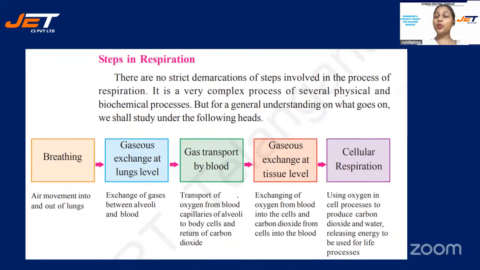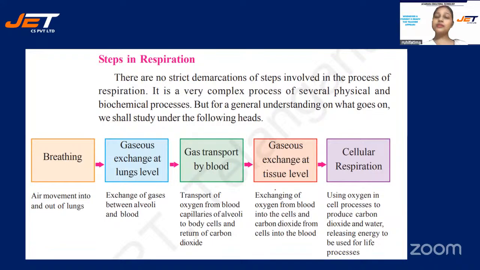Okay, students? After the gases exchange, what happens? Gas transport by blood. Okay, transport of oxygen from blood capillaries of alveoli to body cells, and then return of carbon dioxide again. After the transportation of gases, what happens? Gases exchange at tissue level.